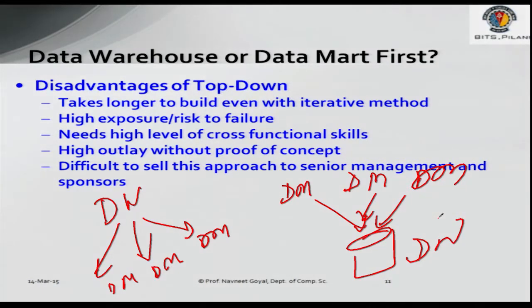There is also high outlay without proof of concept. Till the data warehouse is designed, implemented and deployed, I would not have any clue about its usefulness, and it is difficult to sell this approach to senior management and sponsors. This I have already talked about.